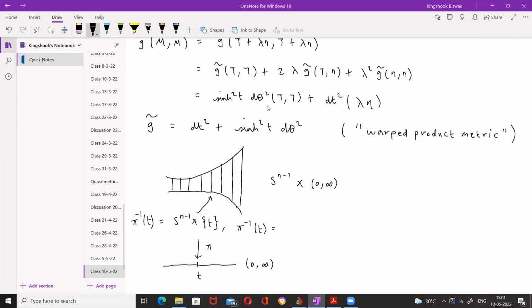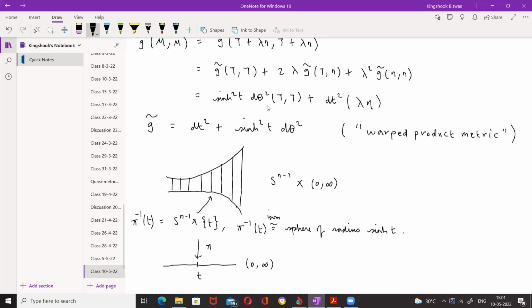This is isometric to a round sphere of radius sinh t. So these spheres are growing exponentially.